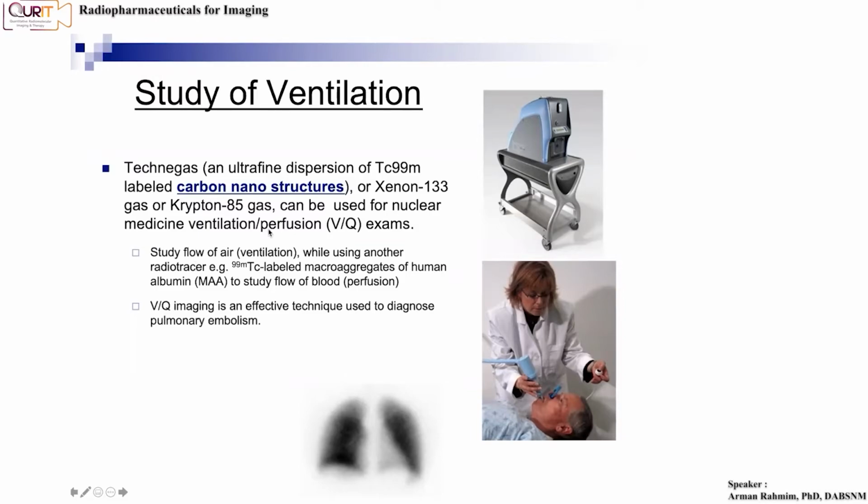So you can study the lungs and how ventilation happens in them, while you can use another radiotracer, such as MAA, to study the flow of blood. That's perfusion. This is a very important examination. They call it the VQ, ventilation perfusion exam. So you study the flow of air and the flow of blood. That actually is a very important exam. It allows clinicians to study, for example, pulmonary embolism.